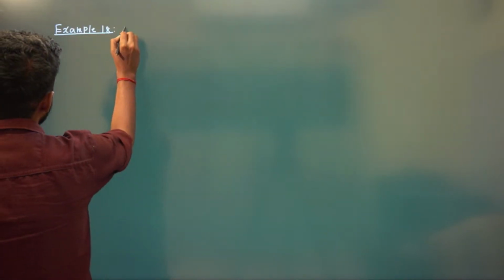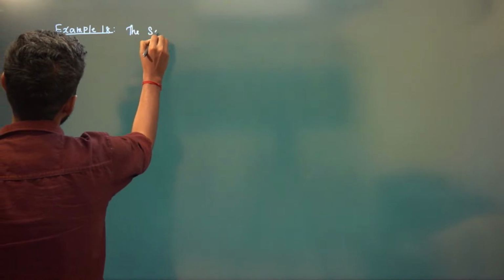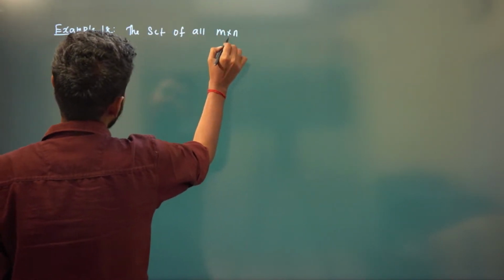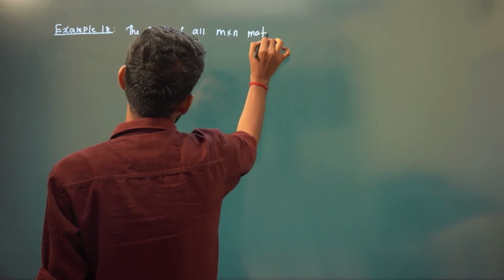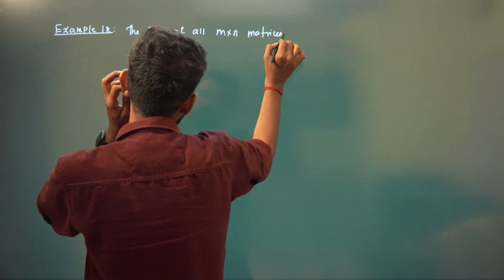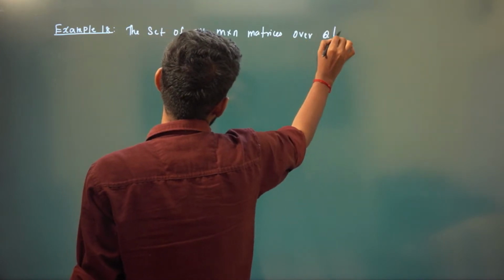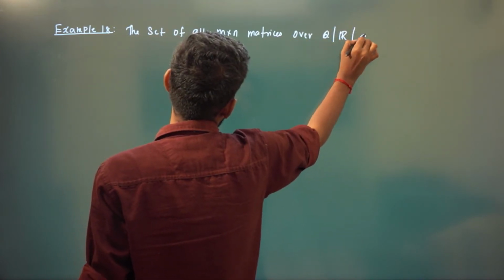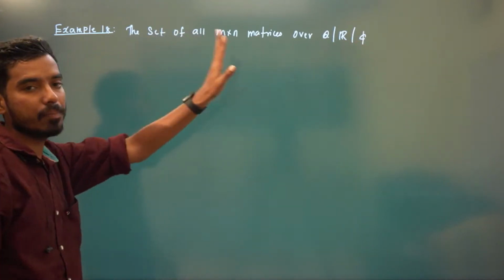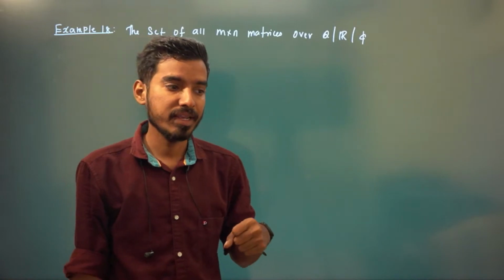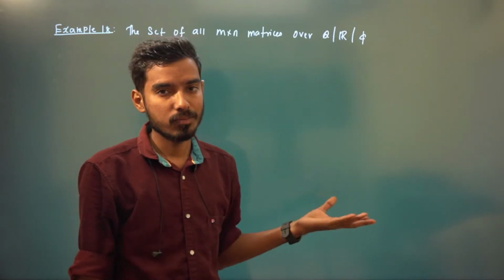Example 18: the set of all m by n matrices over, so it can be rational or real or complex. Over means the entries in the matrix can be rational or real or complex numbers also, right?